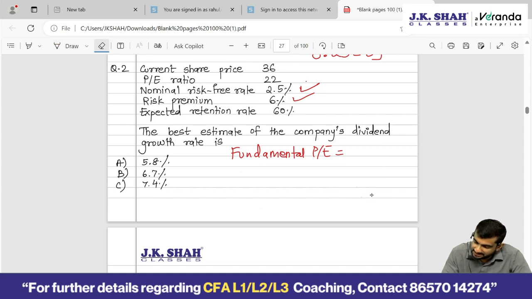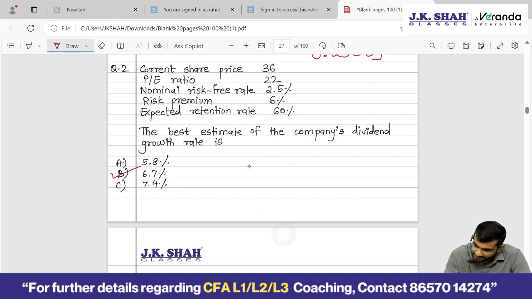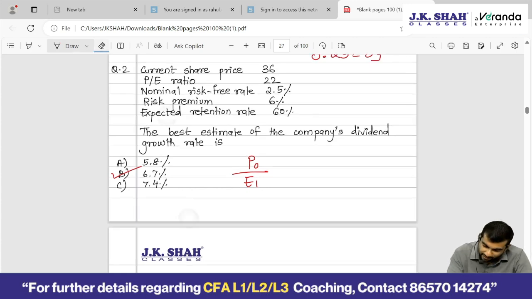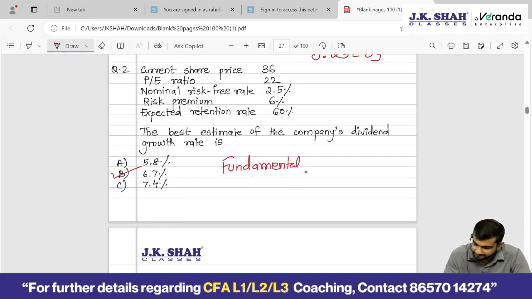So now what is the last option that I have? I can maybe try using the Gordon's growth model. Gordon's growth model: this PE ratio is price, which is current price P0, upon E1. E1 is next period earning. So this becomes what? Forward PE ratio. Did you understand this? Now forward PE ratio, the fundamental PE, is forward PE, right?